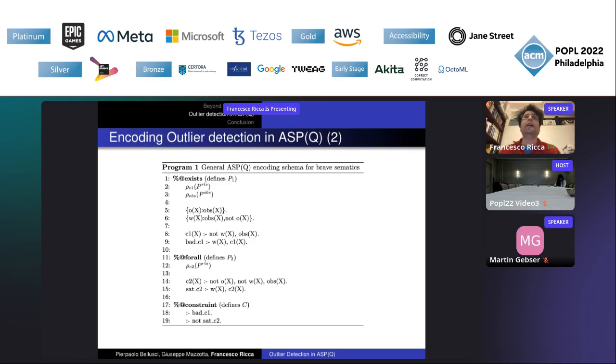Then for all defines the second condition. We just take another copy of the original program, we check condition number 2, and then with constraints in rule 17, 18, and 19, we just check that the two conditions are met in all quantified answer sets of the program.